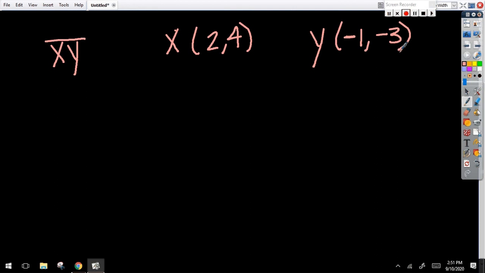Okay. To find XY, and if you want to try this one on your own and pause the video and then come back, that would be wonderful. But let's see. Let's find the distance between these 2 points.